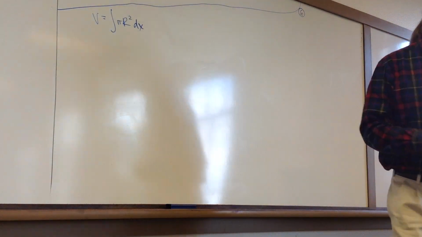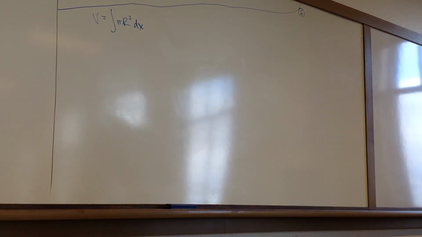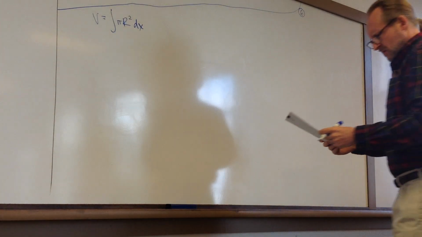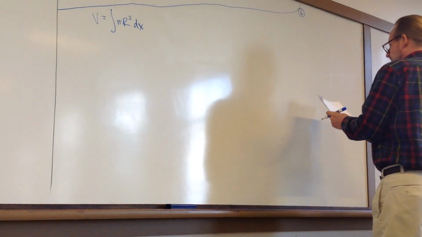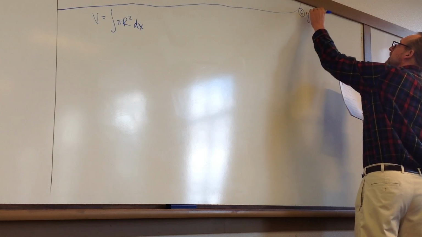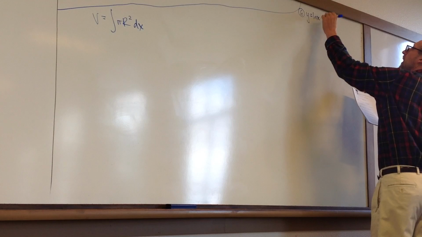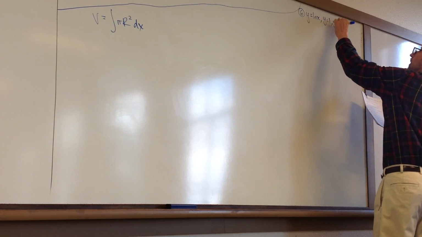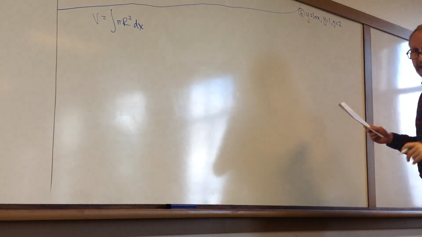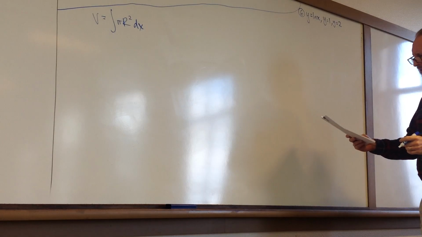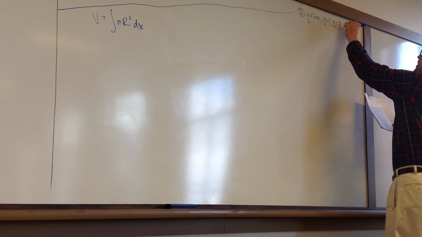In problem 6, we want to take y equals ln x, y equals 1, y equals 2. So this is defining the area that's going to get rotated, and x equals 0.